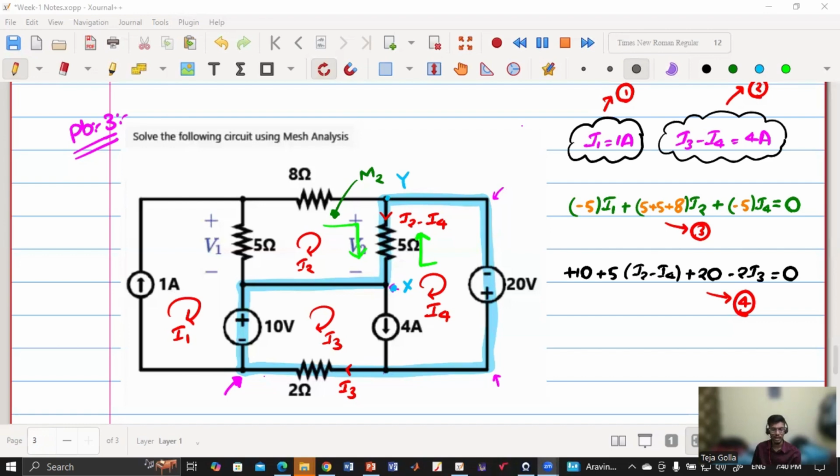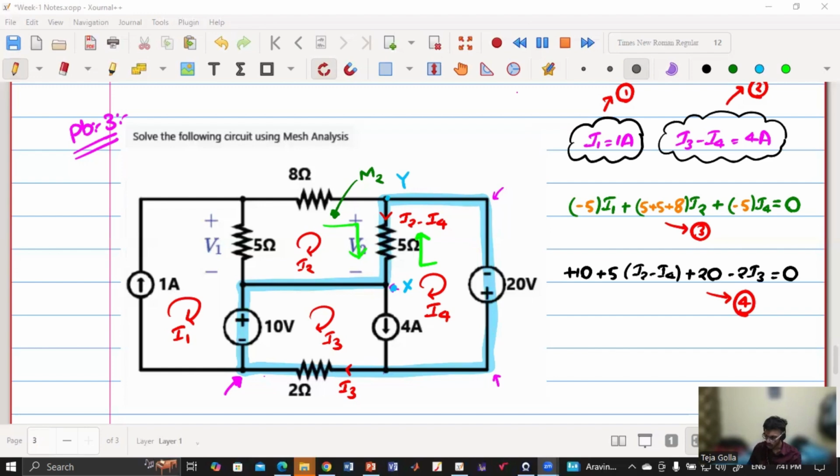If you assume I4 to be greater than I2, then you will get X as a higher potential, but still you will get the same answer because my sign is related to the convention that I have taken. If I2 is greater than I4, I will get plus 5 into I2 minus I4. If I consider I4 to be greater, then I will get minus 5 into I4 minus I2. Both will give me the same result. You can write the expression and check; both will give the same.